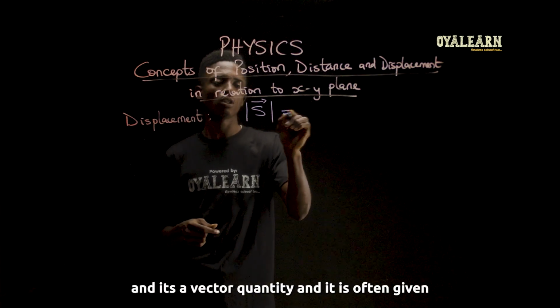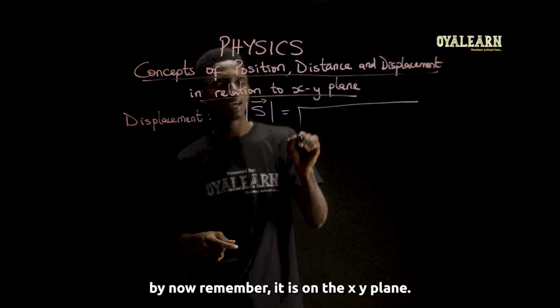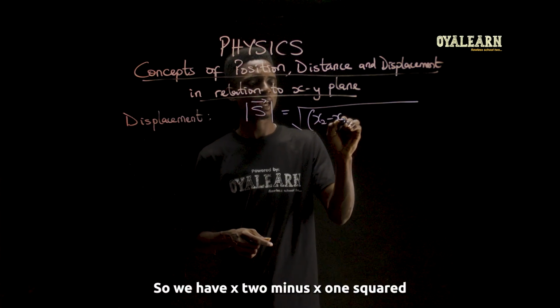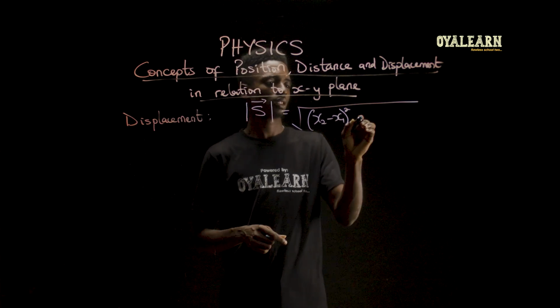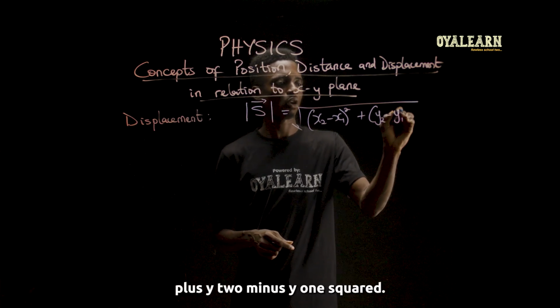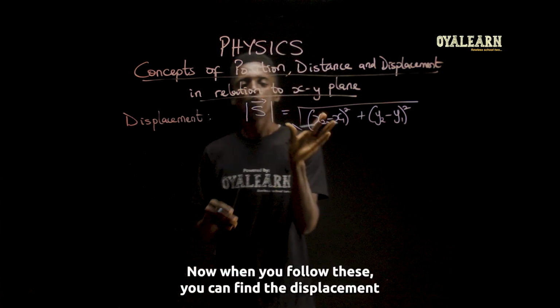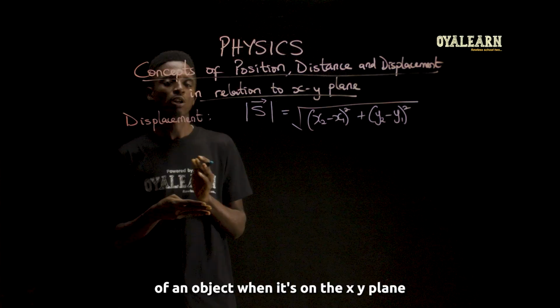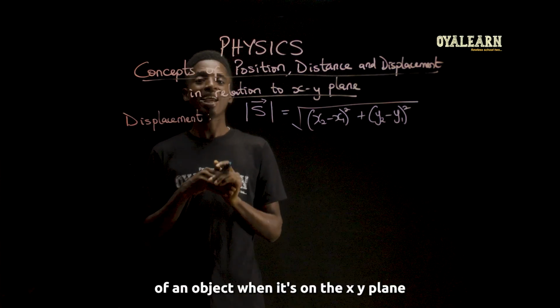And it's often given by, now remember it's on the xy plane, so we'll have the square root of (x2 minus x1) squared plus (y2 minus y1) squared. When you follow this, you can find the displacement of an object when it's on the xy plane.